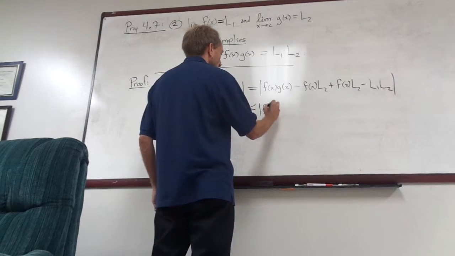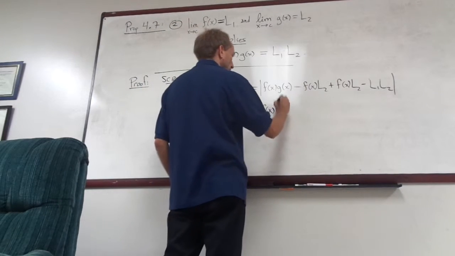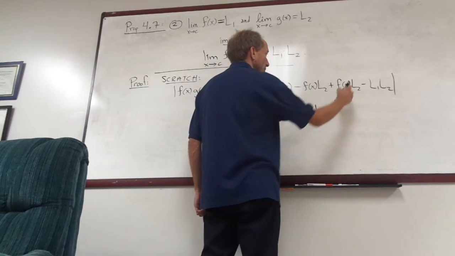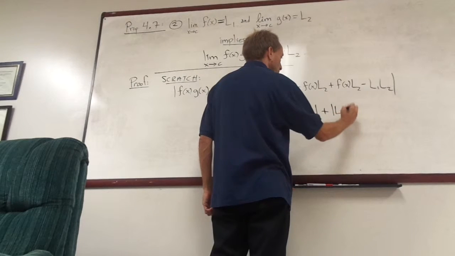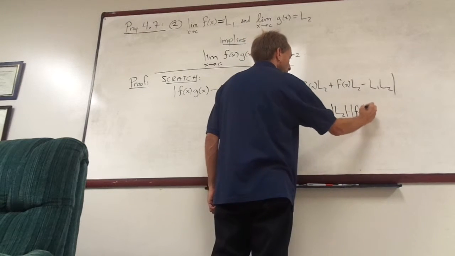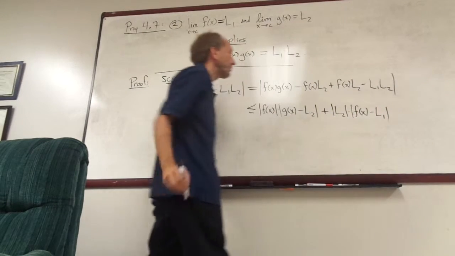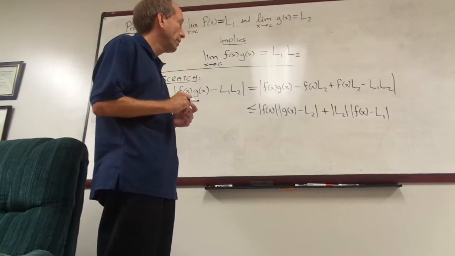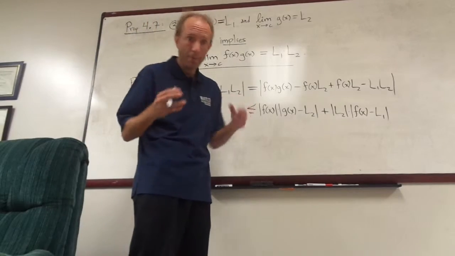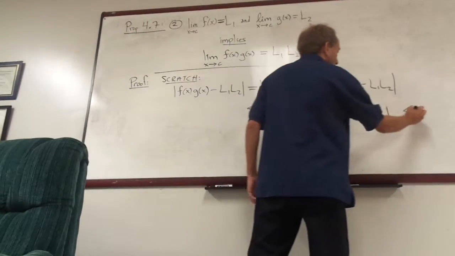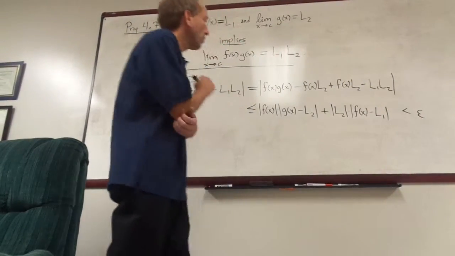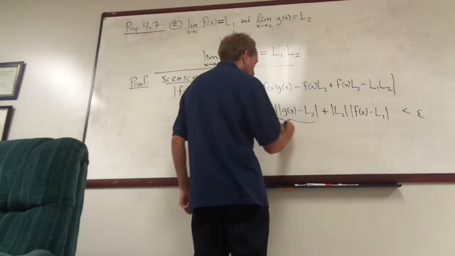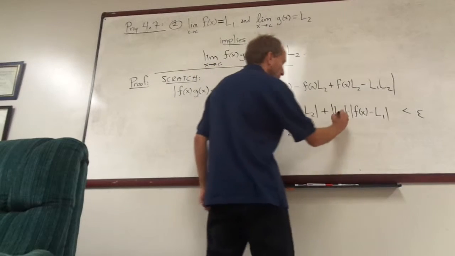So what's going to happen here is I'm going to get absolute f of x times absolute g of x minus L2, and then in the second part I'm going to get absolute L2 times absolute f of x minus L1. Now I want that whole thing to be less than epsilon eventually, so what I really am going to try to do is get each of these terms to be less than epsilon over 2.